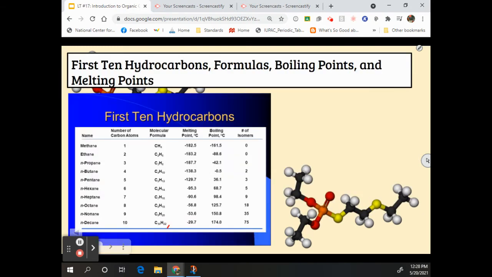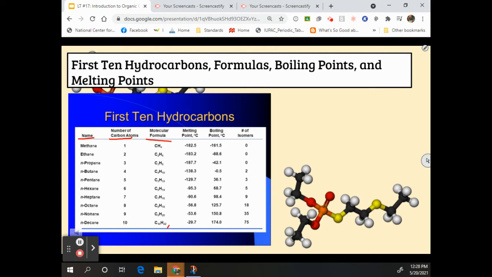So here's your chart of your first 10 hydrocarbons, their molecular formulas, boiling points, and melting points. I would say that the only three columns that are really important are the name, the number of carbons, and the molecular formula.